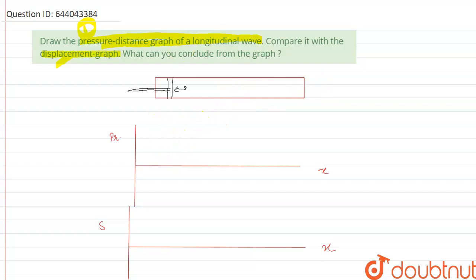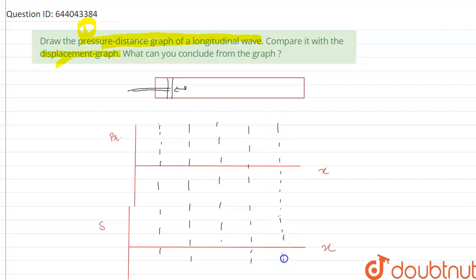Here let us assume that there are these many positions, 1, 2, 3, 4 and 5.